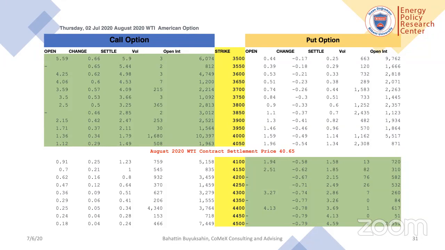For a strike price of $40, the option price is $1.79 for the call option. Similarly, for the $40 strike price, the put option has a price of $1.14.